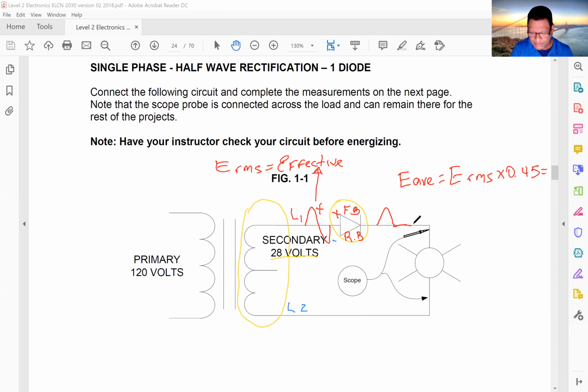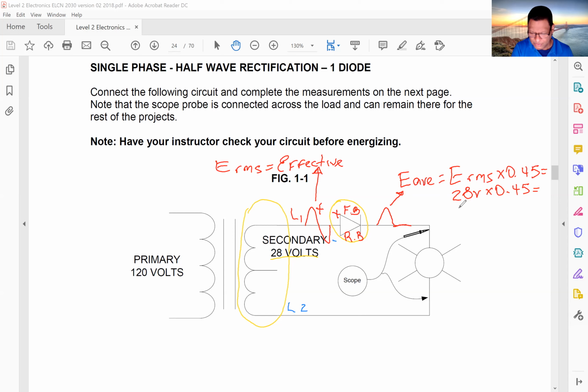While this portion here, which is called pulsating DC, is going to be our rectified voltage, and that is our average voltage. And as I mentioned, we are going to get the value of that signal by multiplying our 28 volts, which is our applied voltage, times 0.45.